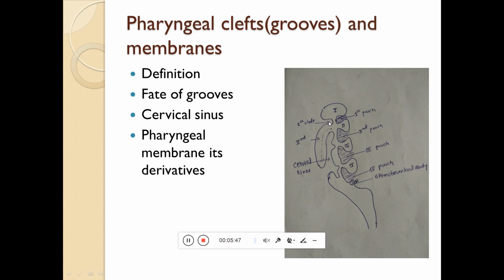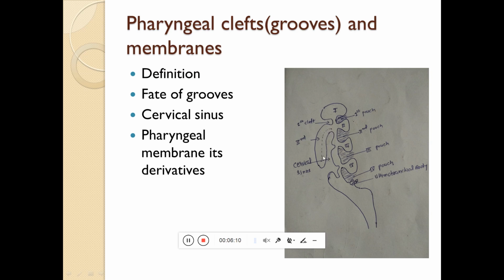Actually it develops the external auditory meatus. All remaining clefts don't give rise to any structure because the second pharyngeal arch grows rapidly downwards and overlaps the remaining third and fourth arches.